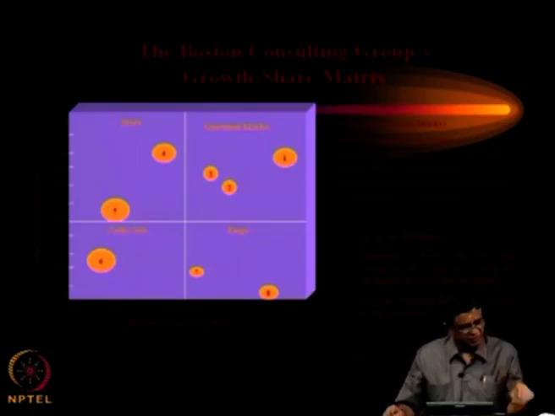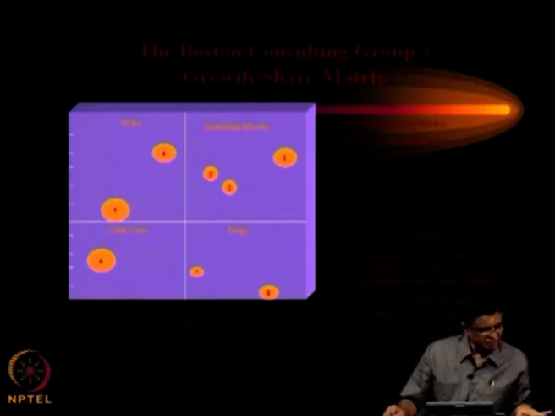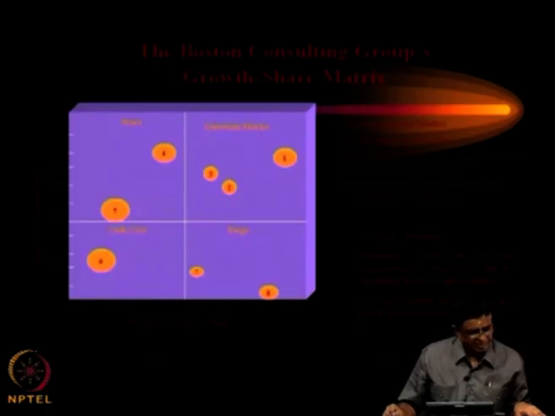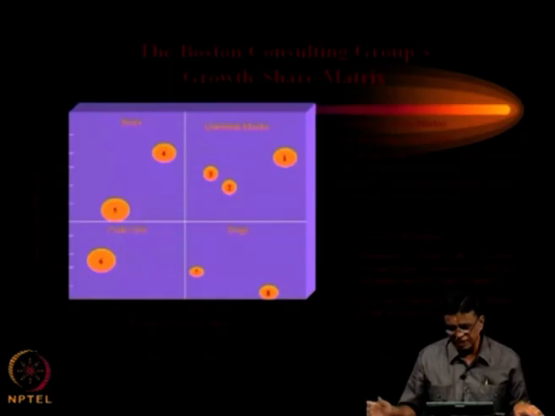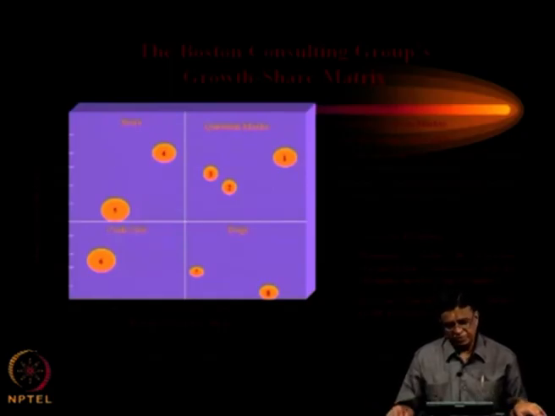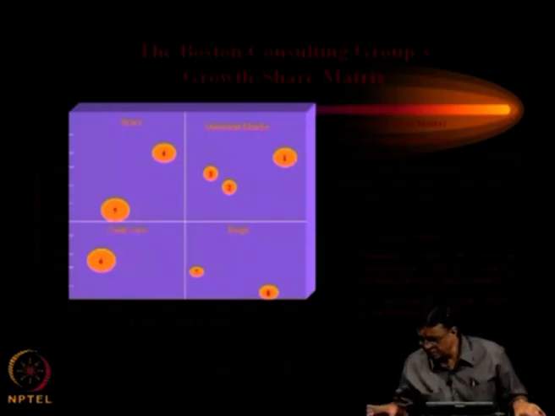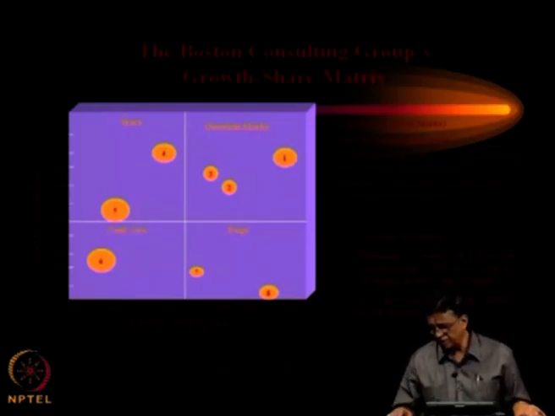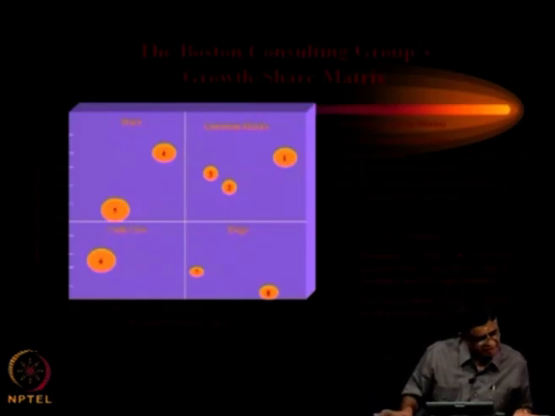Now, how do you determine the position of each business unit? That is given in point number 5. The position of each business unit is plotted on a matrix of business growth rate and relative market share. The size of the business is represented by a circle with a diameter corresponding to the assets invested in the business. In the example I quoted, suppose 100 is the total investment in the company, and 5 is in your particular business unit, then 5 represents the diameter of the circle.